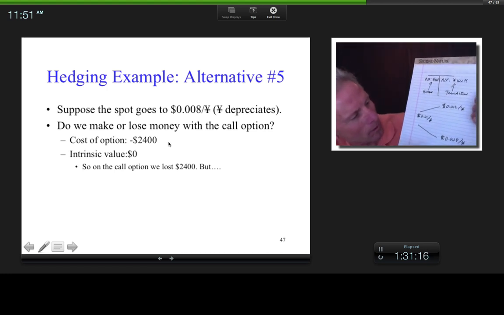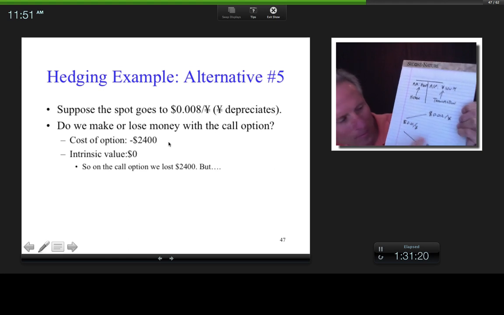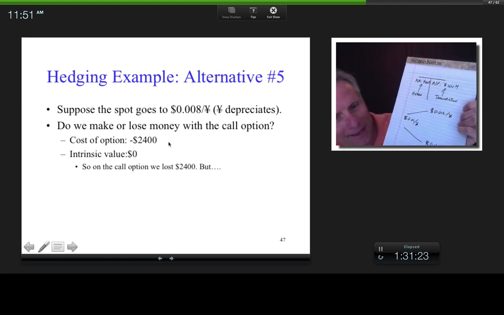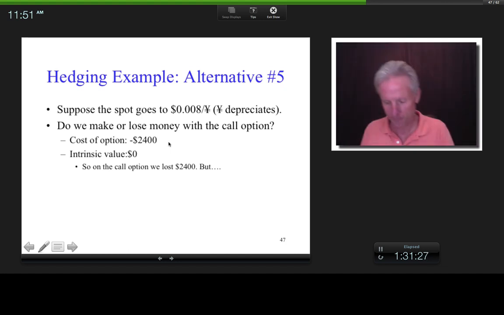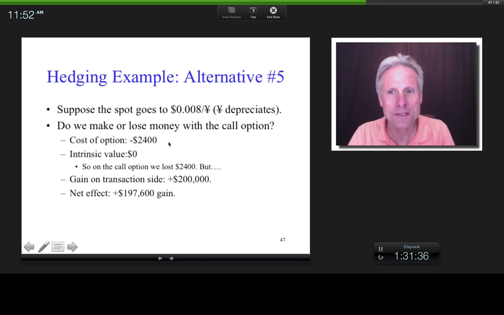Because why? Well, you expected to pay 100 million yen, but if you only had to pay 800,000, then you'd gain money. So on the transaction side, we gained 200,000. So put that together, and you've gained 197.6.